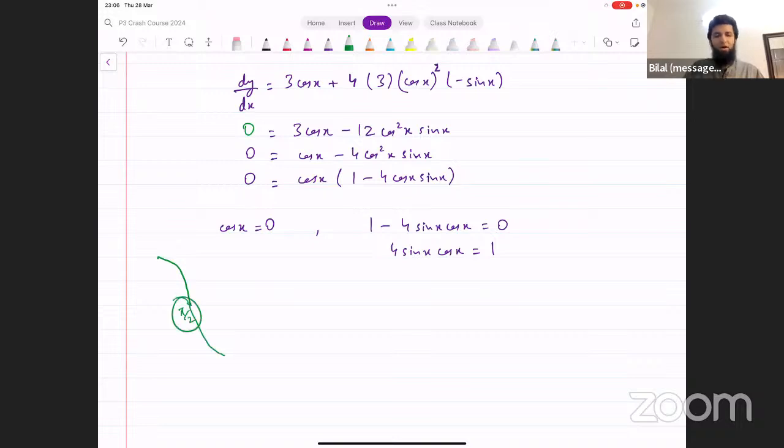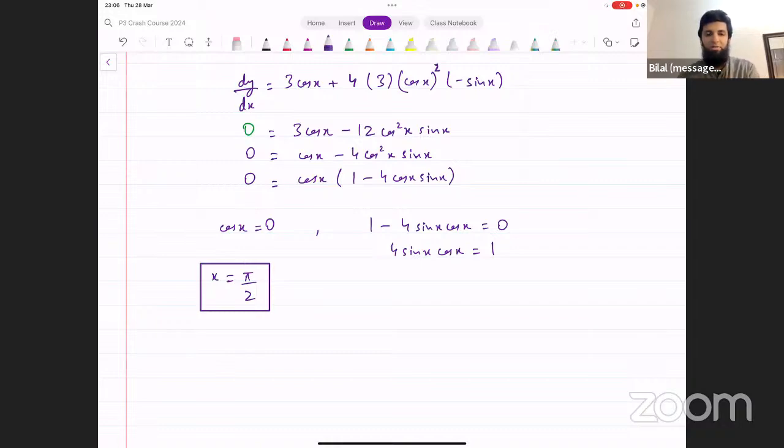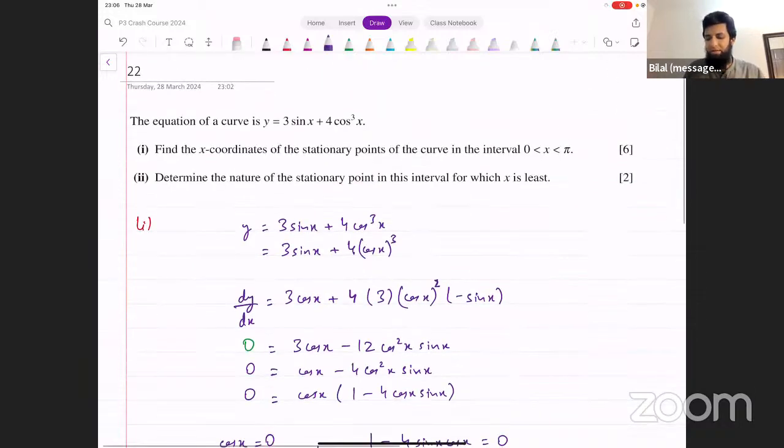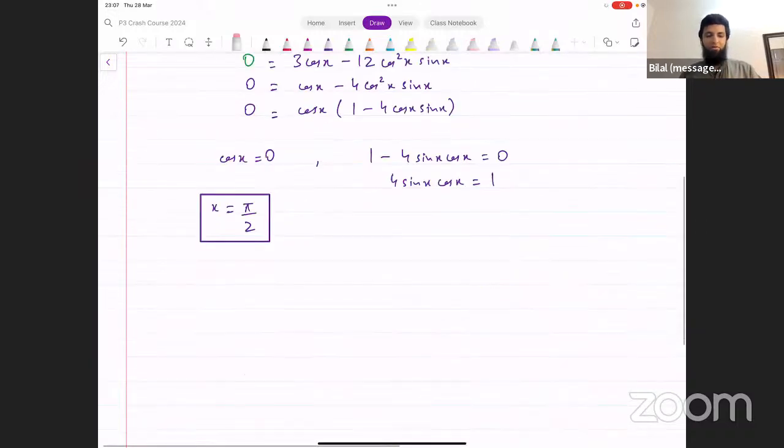So cos x is 0 when x equals pi over 2. That's going to give you one solution right away, x equals pi over 2. That is one possible answer in the interval that's given, from 0 to pi.